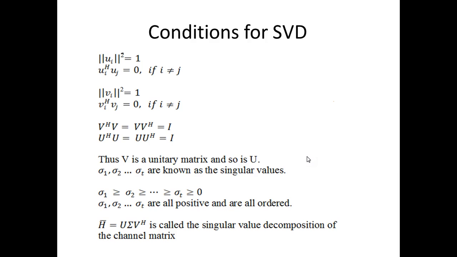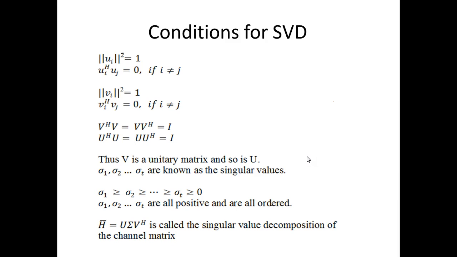The conditions for singular value decomposition are: the mod square of Ui should be 1, and Ui Hermitian into Uj should be 0 if i is not equal to j. Again, the mod square of Vi should be 1, and Vi Hermitian into Vj should be 0 if i is not equal to j.